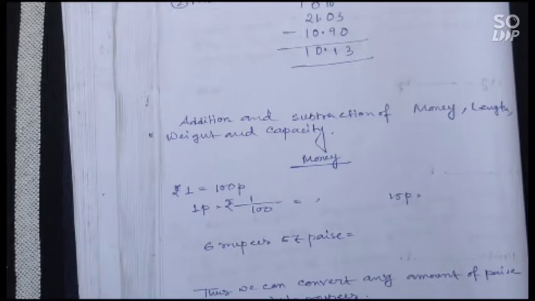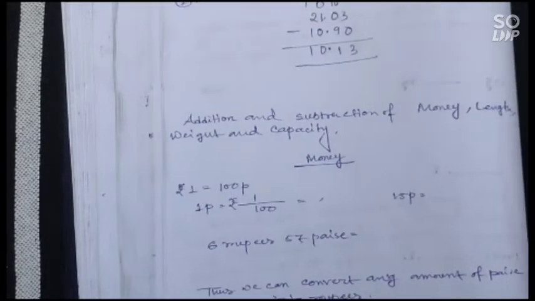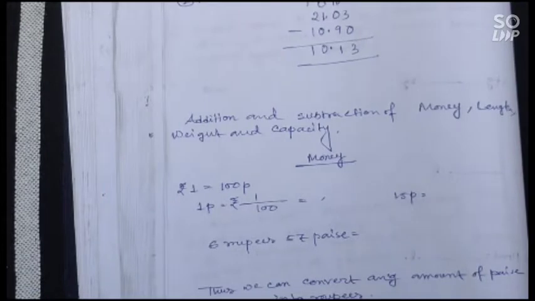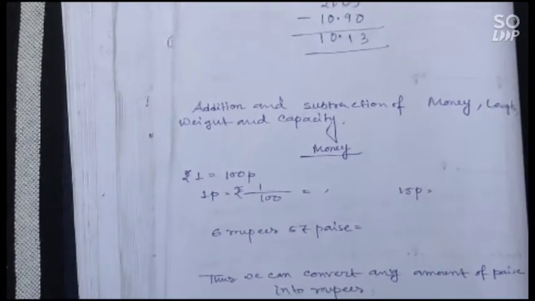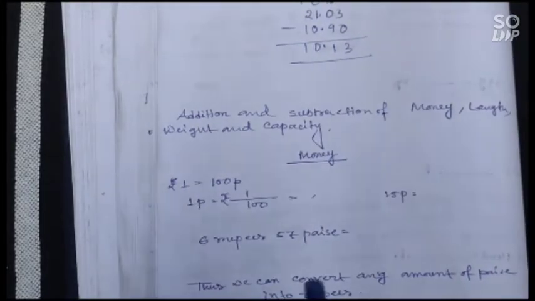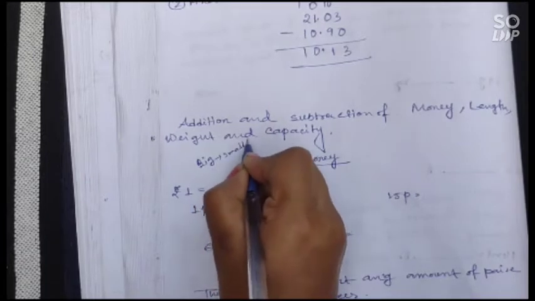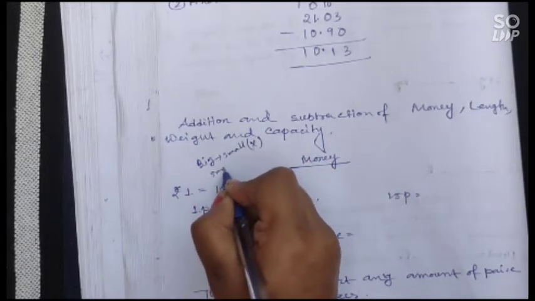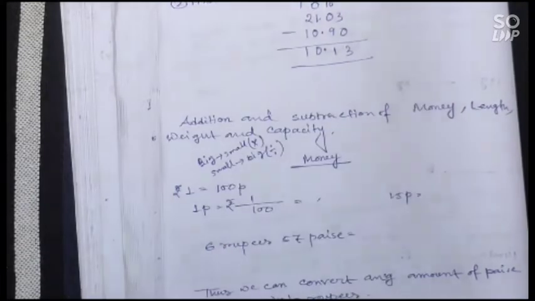So when you need to convert the bigger unit into the smaller unit, you need to do multiplication, but when you need to convert the smaller unit into the bigger unit, you need to do division. Big থেকে small এ convert করতে গেলে multiplication করতে হয়, and small থেকে big এ convert করতে গেলে division করতে হয়. This is very familiar to you.